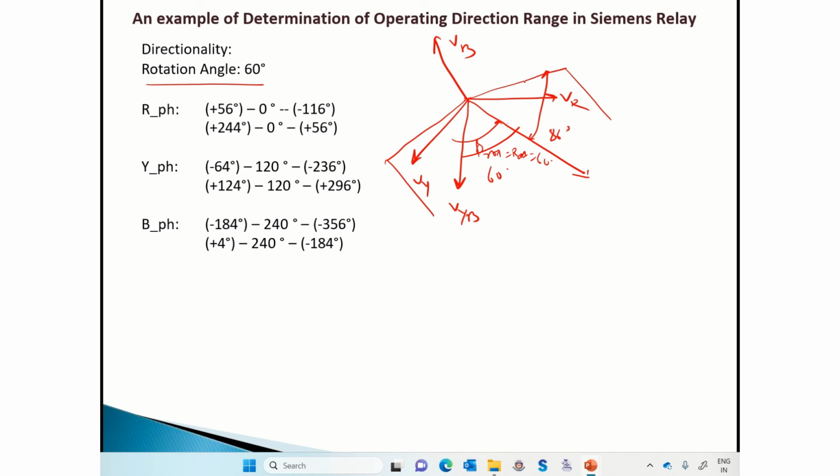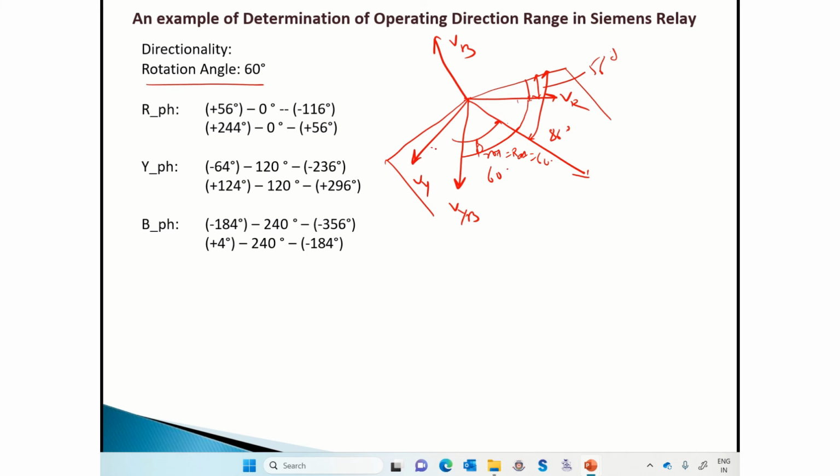So how much is this angle? If you see here, this angle is 60, and from here to here it is only 30, and from here to here it is 86. So this angle should be 56 degree. Now this angle is 30, and from here to here is 86 again.